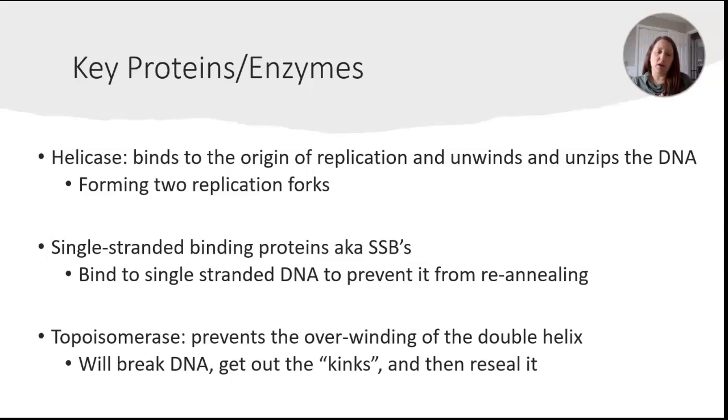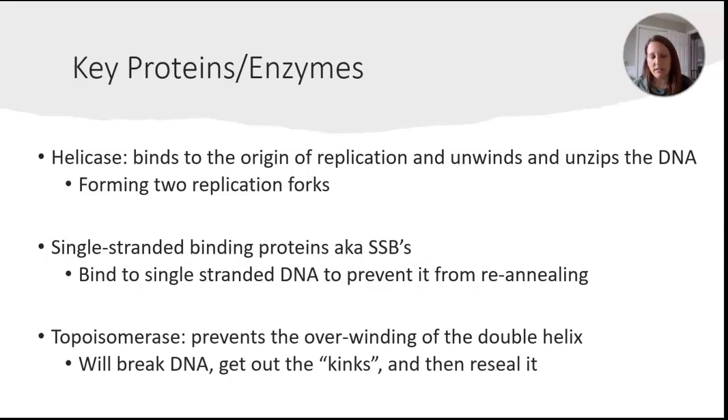It's also going to unzip the DNA, which means it causes the hydrogen bonds between the bases to break, exposing single-stranded DNA. It's going to form what's called a replication bubble, which is composed of 2 replication forks, which I'm going to show you on the next slide.